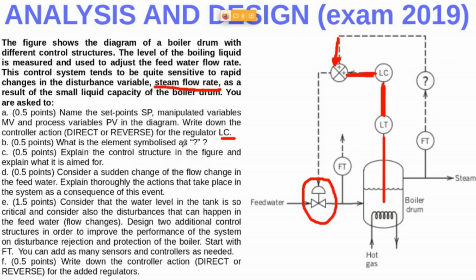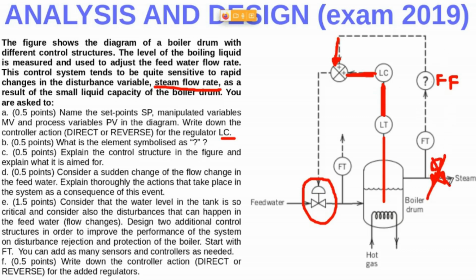What is the element symbolized in here? At the end it is a feed forward controller, because we are measuring some variable, but we are not applying any direct controller action to this variable. We are measuring this flow, but here we don't have a valve in order to apply the controller action.